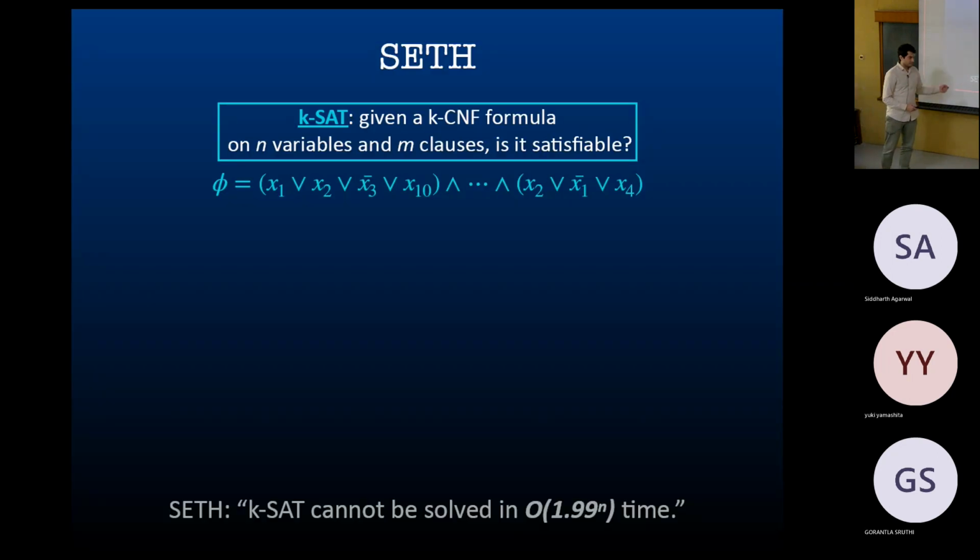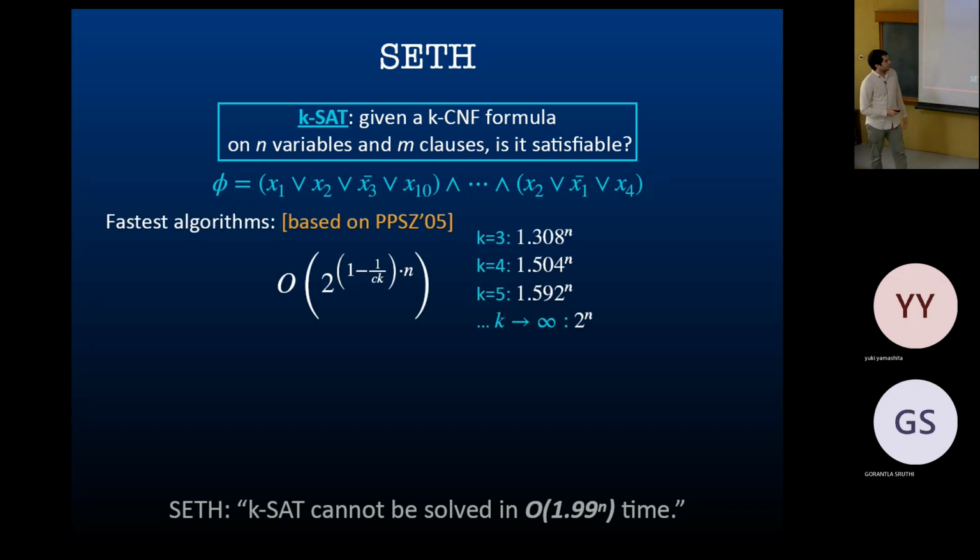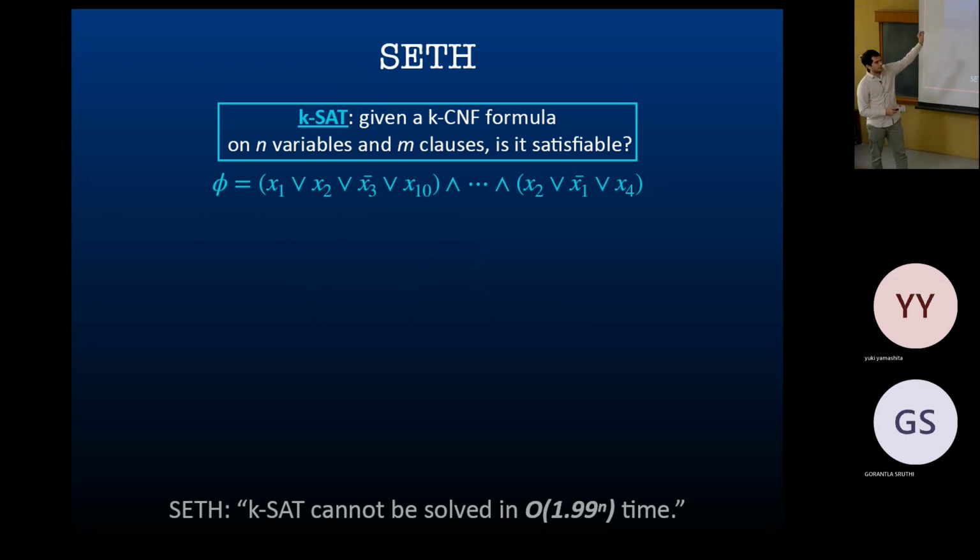Let me be a bit more precise about this conjecture. This will not matter for the talk, but if you want to see the definition, I'm going to show you. But you could just think of it as what I said: you cannot solve SAT in 1.99 to the n. The conjecture specifically is about k-SAT, a problem where you get a CNF formula and you want to know if it's satisfiable.